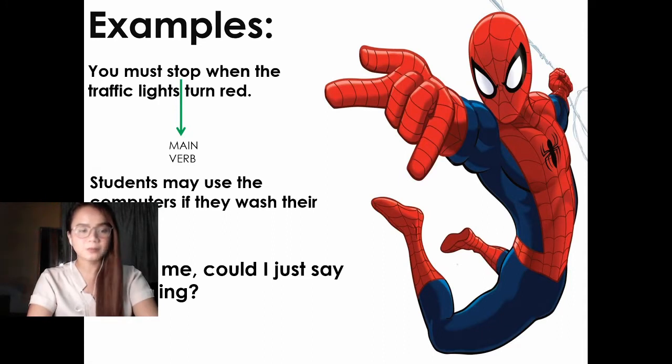Which word implies permission, prohibition, and obligation? Is it the word you? No. Is it the word when? Of course not. How about the word must? Yes, you got it right. If we are going to analyze the word must, it gives additional function to the word stop. Must stop. So therefore, must is your modal.